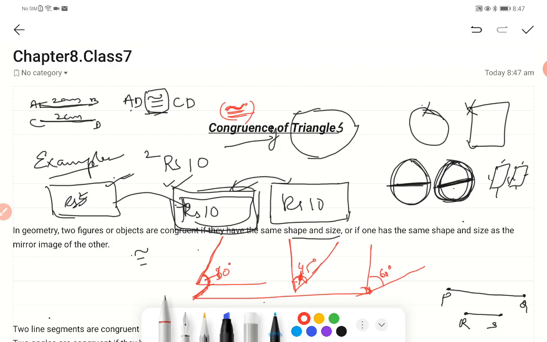So for lines you check the size, the length, whereas for angles to be congruent, you need to measure the angles wherever they are formed. If both measures are equal, then you will say they are congruent.